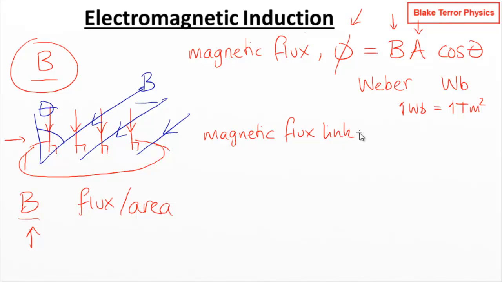And this is where we start bringing the conductor into the equation, because we were saying at the beginning, this induced EMF depends upon the magnetic field, or more specifically the magnetic flux, but it also depends upon the conductor. So we're now making this linkage between the flux and the circuit.